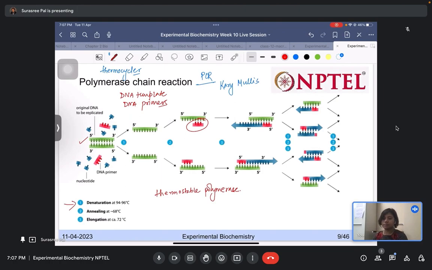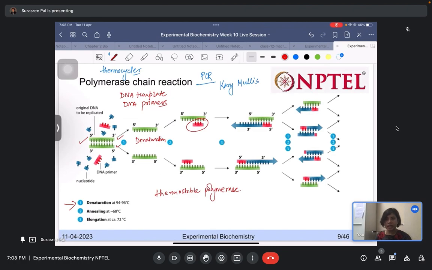In the first step of this reaction, there has to be a denaturation. Denaturation means the two strands of the DNA template have to be first separated from each other, or denatured. They are made single strand.